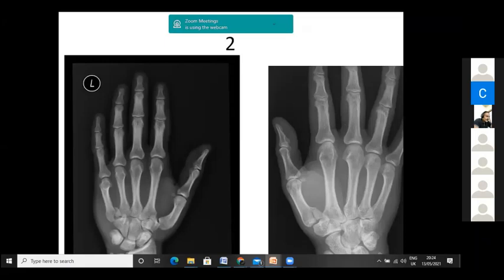Bennett's fracture. So the second one is Boxer's and the first one is Bennett's fracture. So it is distinct and different from a Rolando.